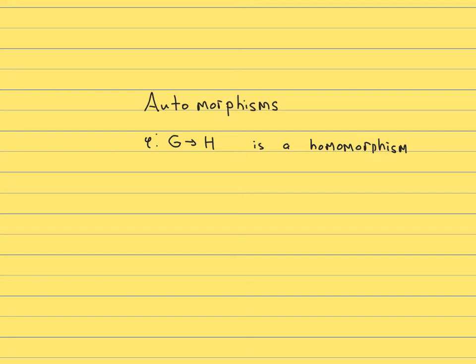Now, the special case when G is equal to H is called an endomorphism. I don't know if that's ever going to pop up much in this course, but it sometimes does, so it's worth pointing out. Endomorphism is a special type of homomorphism. It just means the domain and codomain are the same.